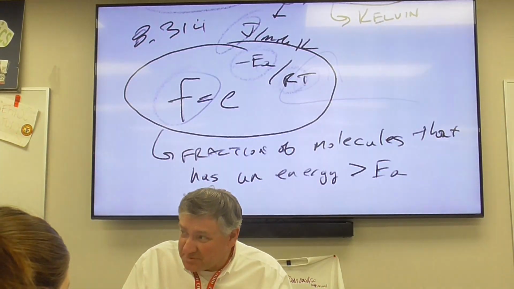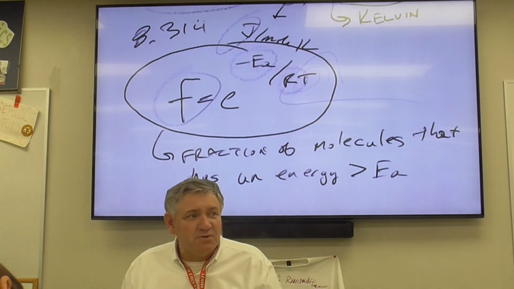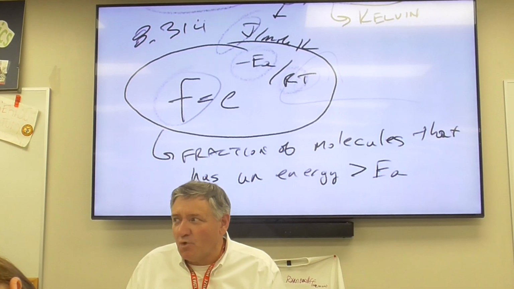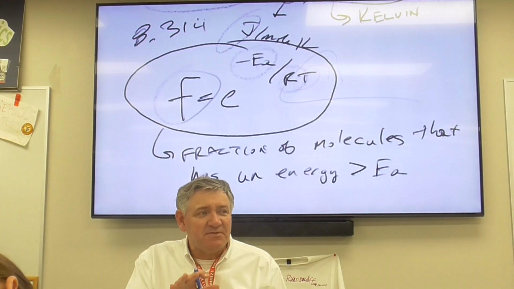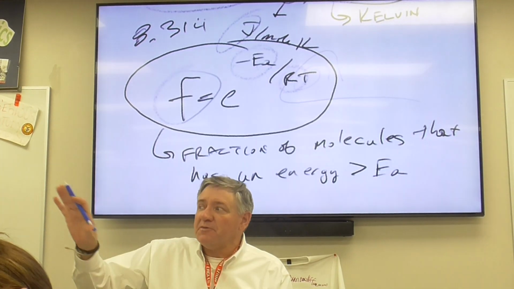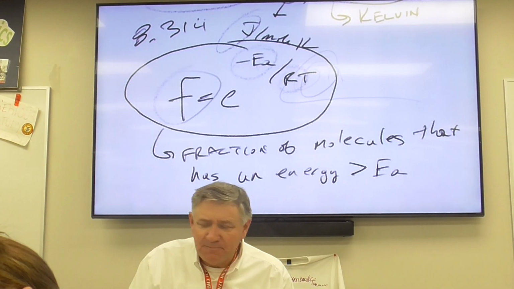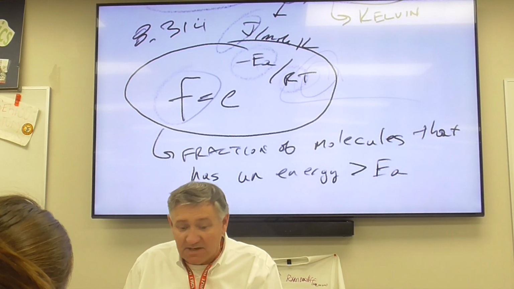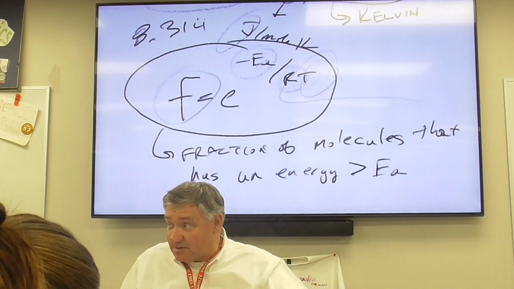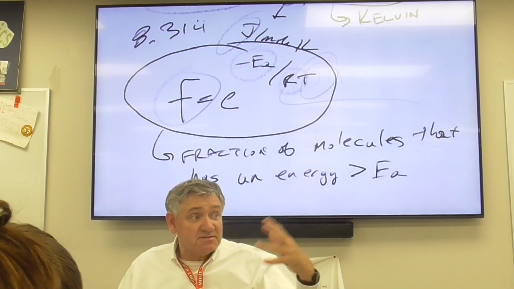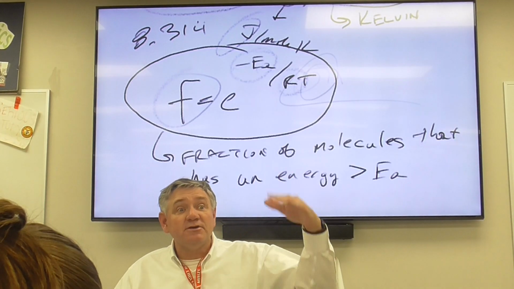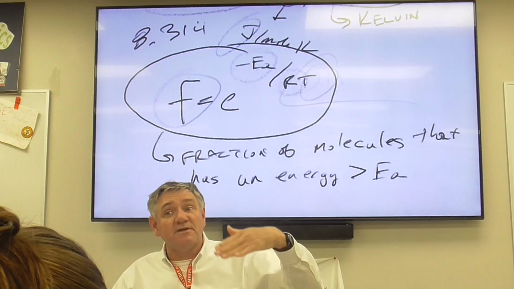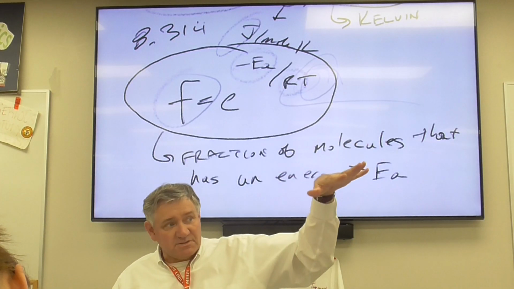It's like a rate, like a percentage almost. If you do this and you get a value of like 50, you have done something horribly wrong. Typically, these are very small numbers. But think this through. As the temperature goes up, what should happen to the value of F? Because these are the collisions that are above the activation energy. Go up. Yeah, so as your temperature goes up, you should see that the frequency value gets bigger because you're going to have more collisions that are above the threshold.